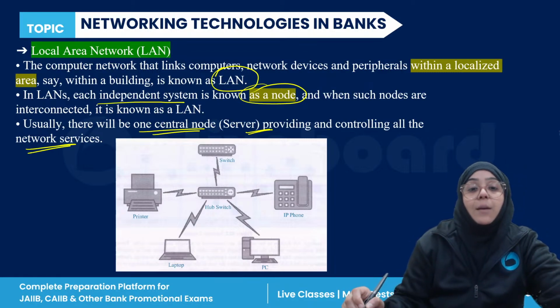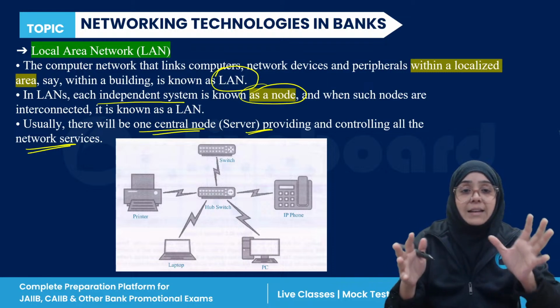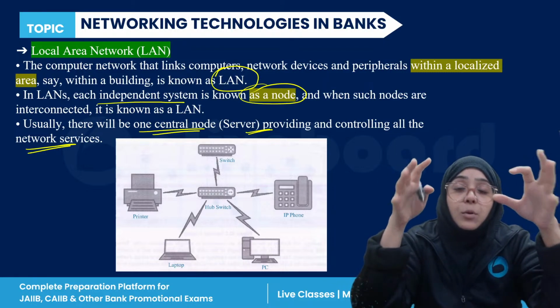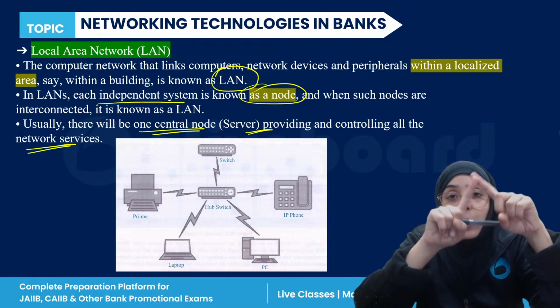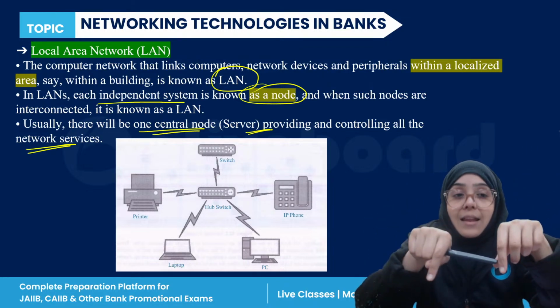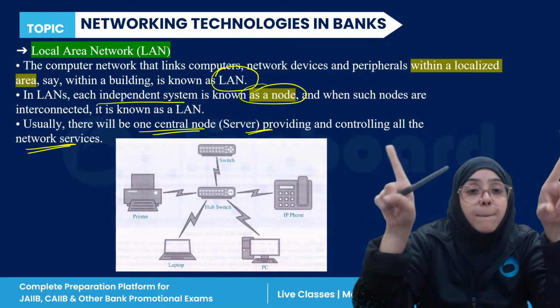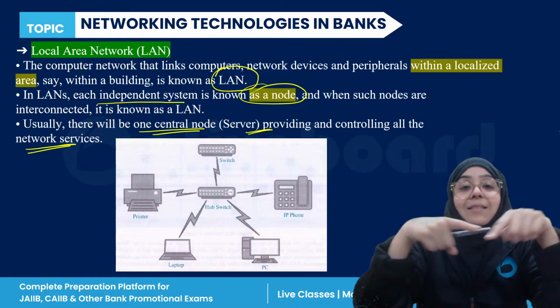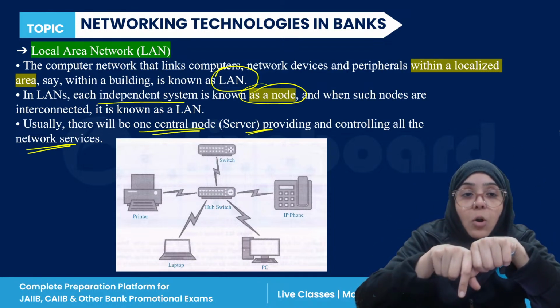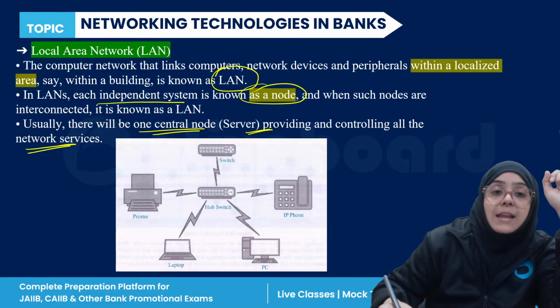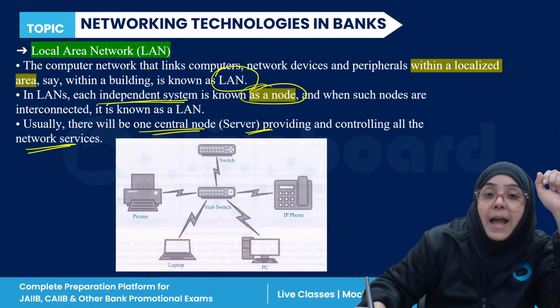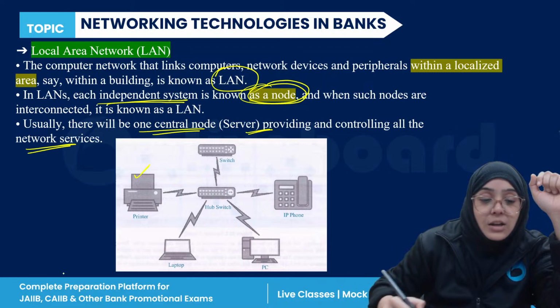So think of the LAN: you are connecting the computers, network devices, and peripherals within a localized area, or within a building. Then it is known as a local area network. In a LAN, each independent system is called a node.